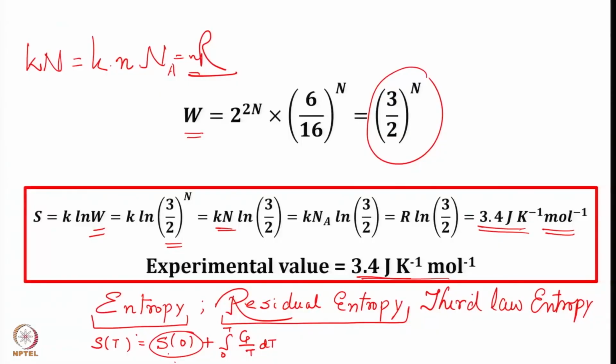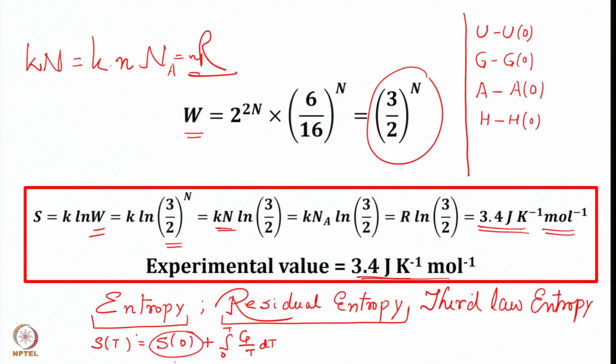Taking our discussion a little further, wherever we derived some expressions, for example, for internal energy we talked about U minus U0, for Gibbs energy we talked about G minus G0, for Helmholtz energy we talked about A minus A0, and H minus H0. Each expression was with reference to some A0, H0, G0, U0. And similarly here we are saying with reference to S0.